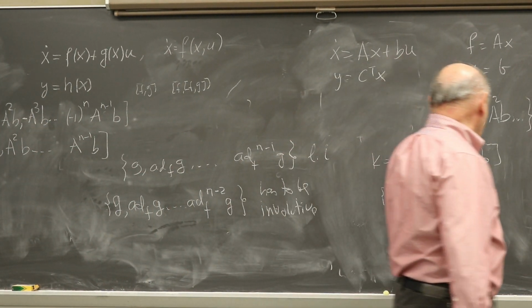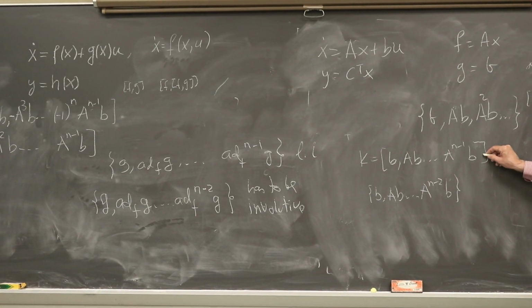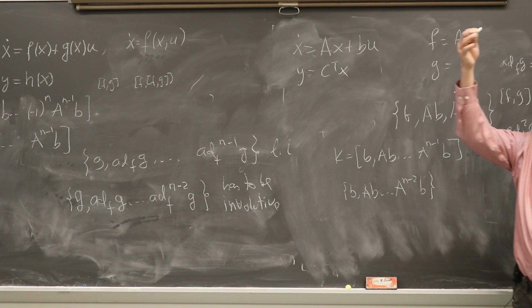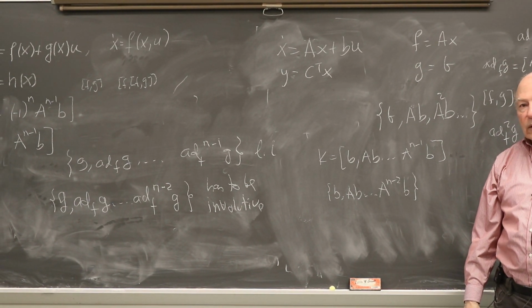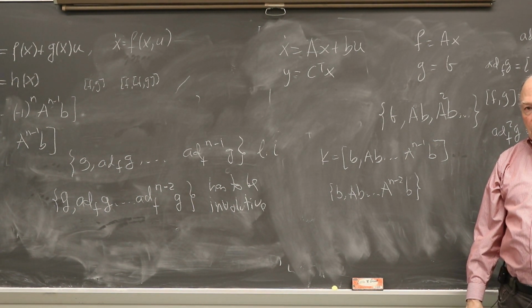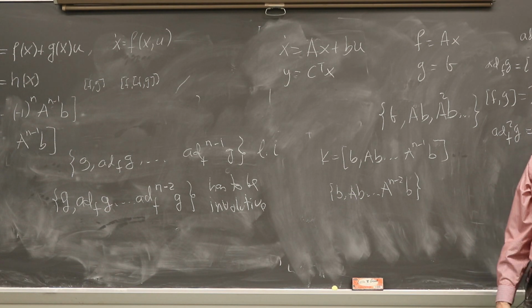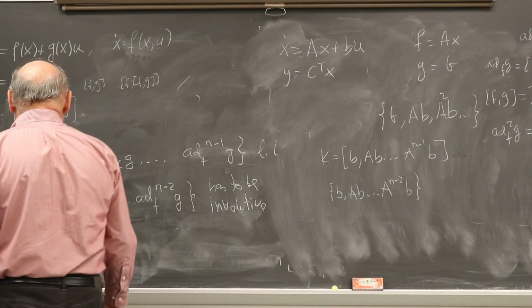So that's trivially satisfied in linear systems. Therefore, a controllable linear system will always exhibit that pure integration structure in the controllable canonical form. You will always have that.